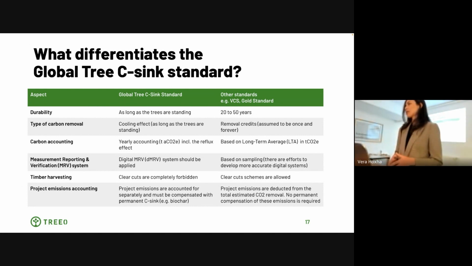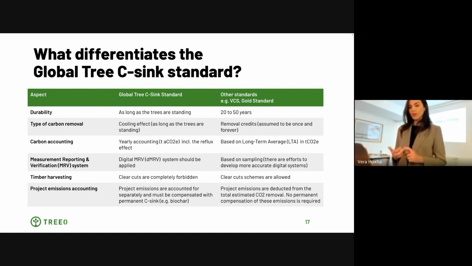There are some standards making efforts toward a new or digital MRV system, like Verra with the census-based method, but actually it's not mandatory. It's just for small areas, and it's not tree species related or precise.